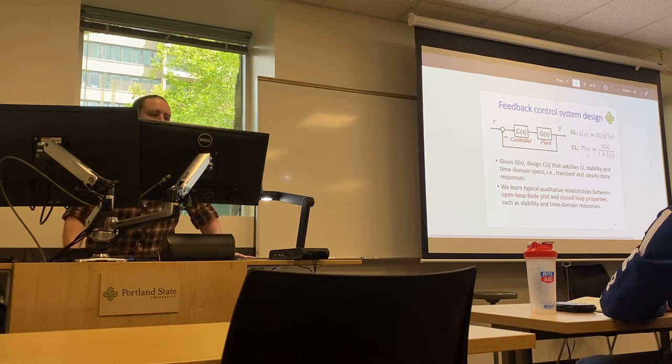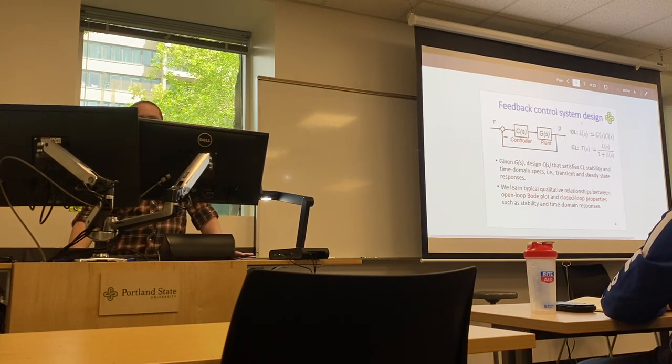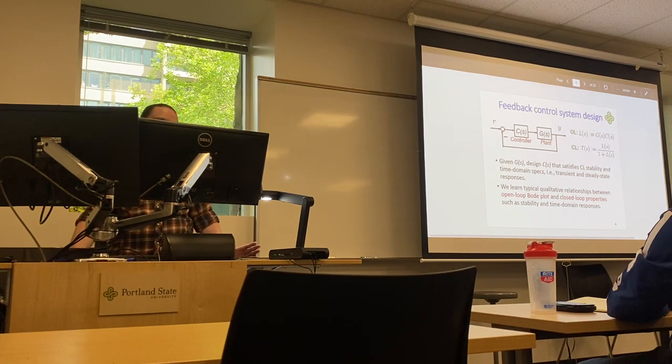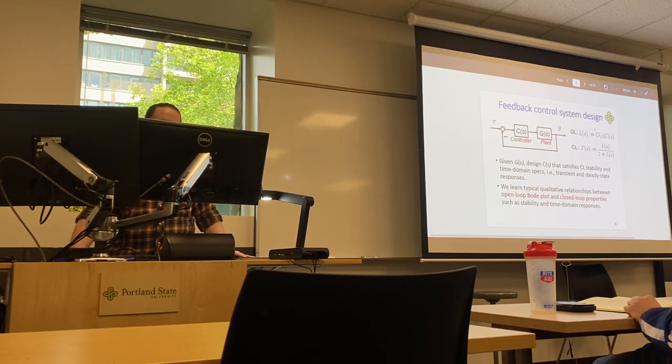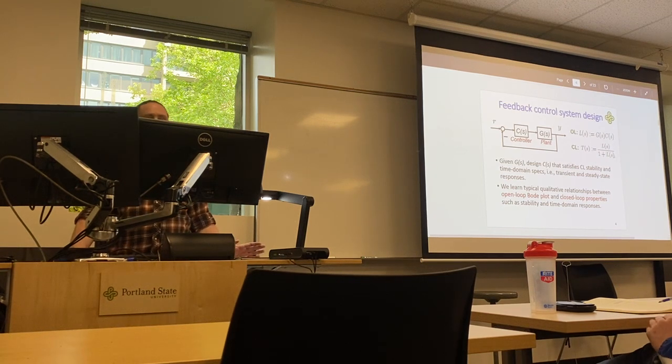So getting back to a basic feedback controller design, we right now are just doing a simple feedback with no sensor. So we have our controller and our plant. Open loop here is the plant times the controller, and then the closed loop would be the open loop over 1 plus the open loop.